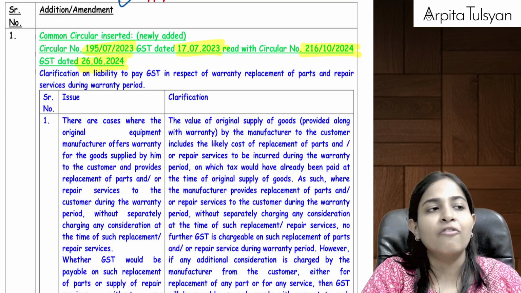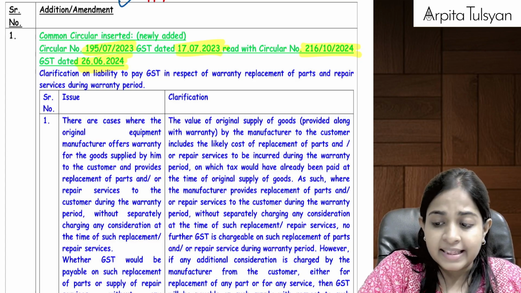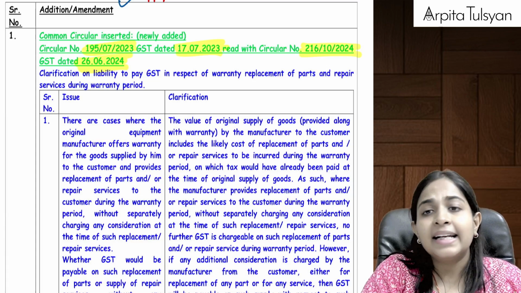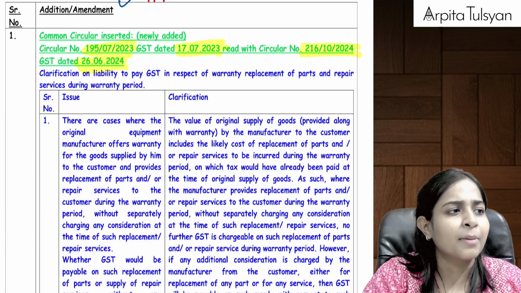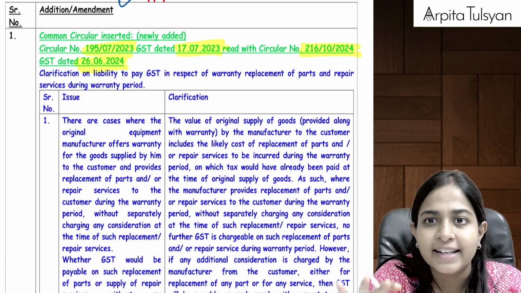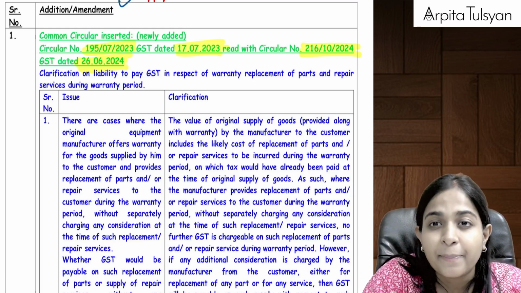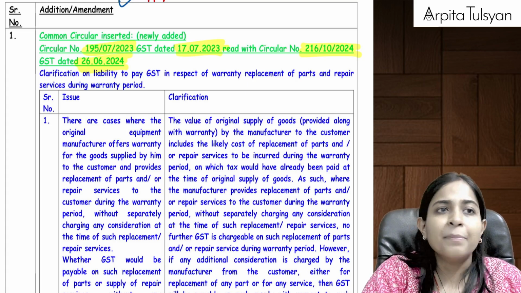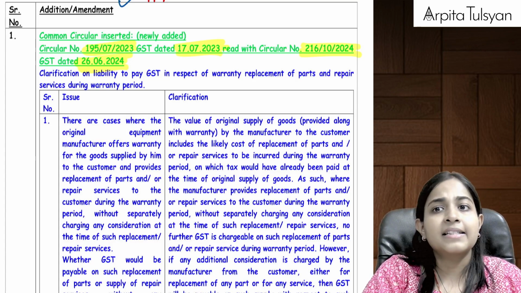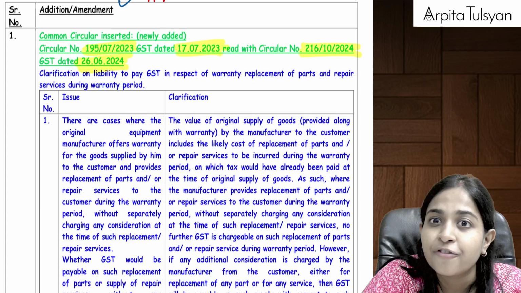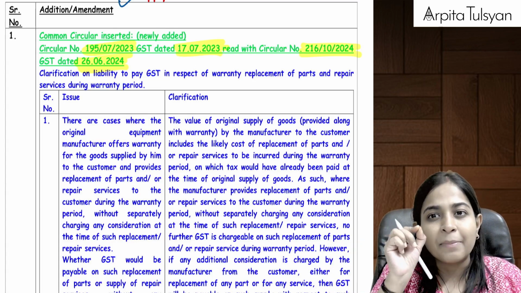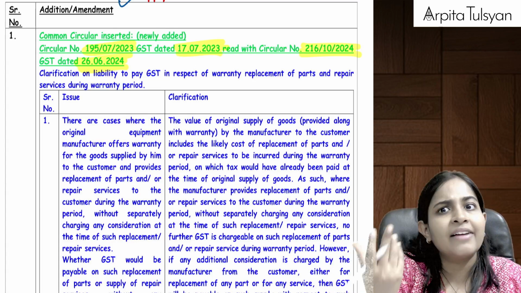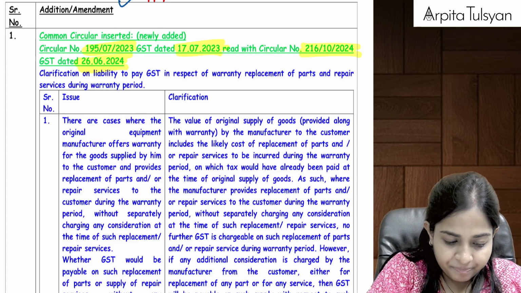In that warranty, they will tell me that if something happens to this particular remote within a time period of 1 year, then we will do free replacement, we will do free repairs, etc. So in some cases, the customers get it done totally for free. If some defect is covered in the warranty, then I will get everything done for free.